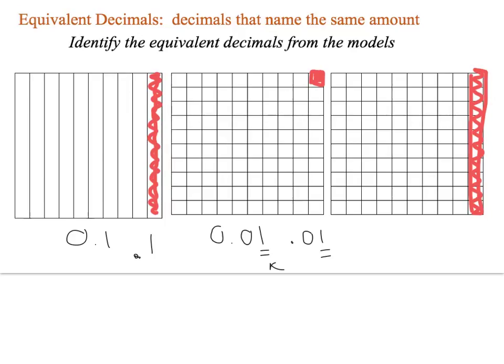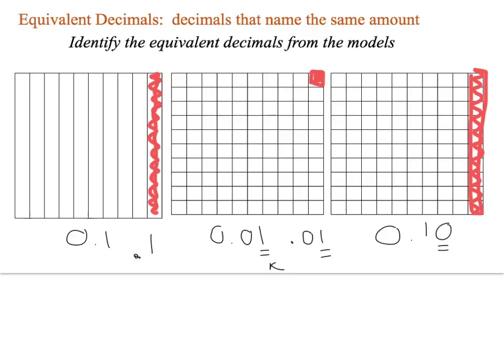For our third model, you'll see that again we are in divisions of 100, but I have shaded 1, 2, 3, 4, 5, 6, 7, 8, 9, 10 of those boxes. So this figure would represent 10 hundredths. Notice my last digit of 10 falls in the hundredths place because my divisions are in hundredths.